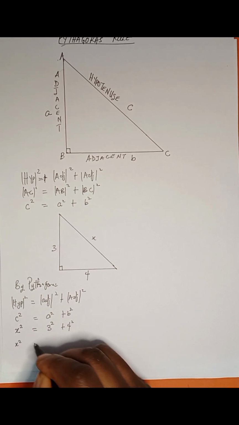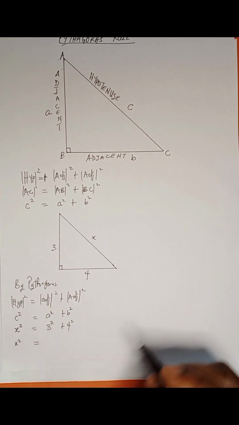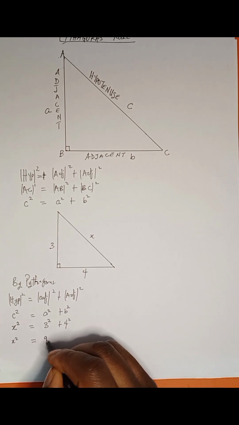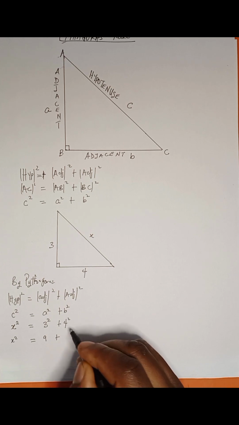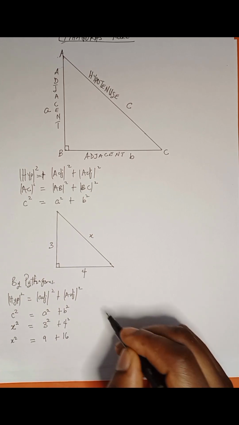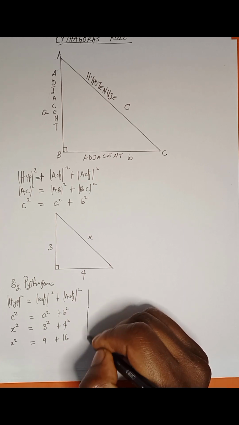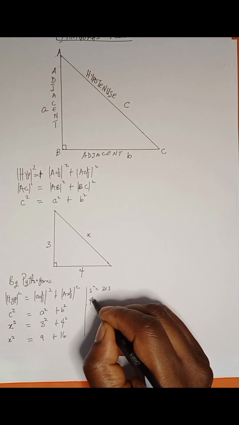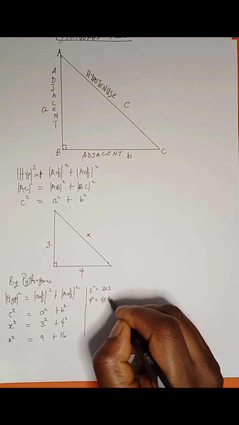So x squared is equal to 3 squared, which is 3 times 3. It is not 3 times 2. So 3 times 3 is 9 plus 4 times 4 is 16. So please note this, that 3 squared is equal to 3 times 3, and 4 squared is 4 times 4.